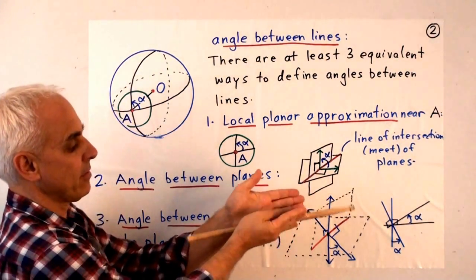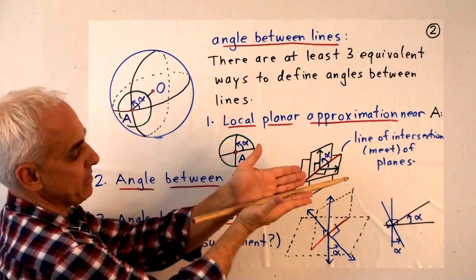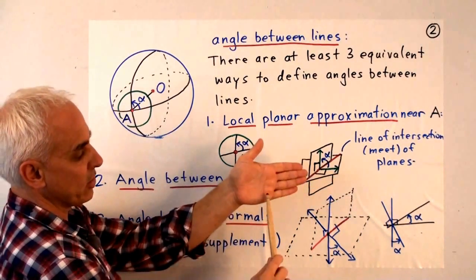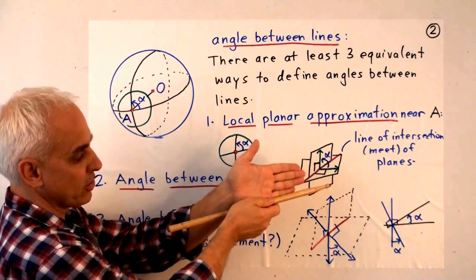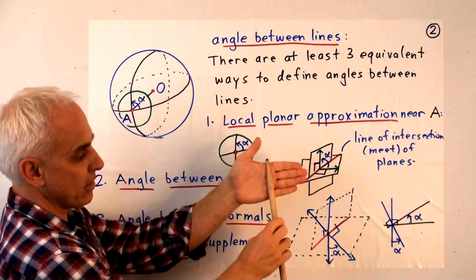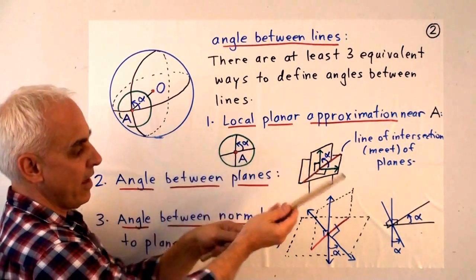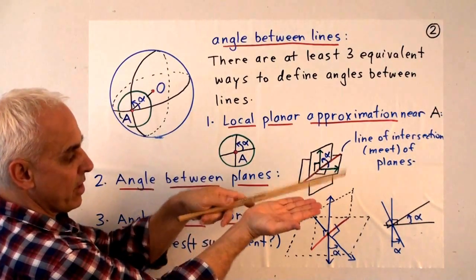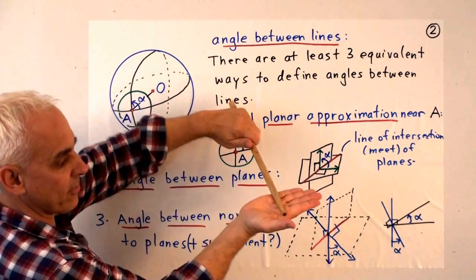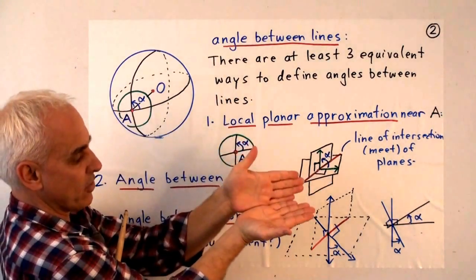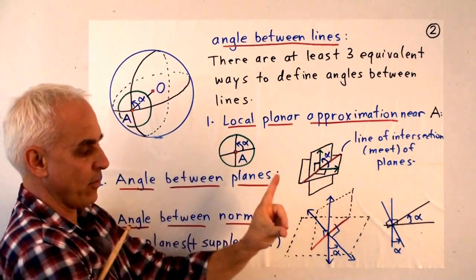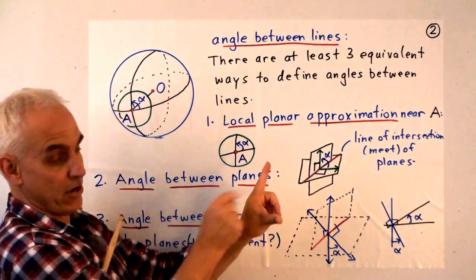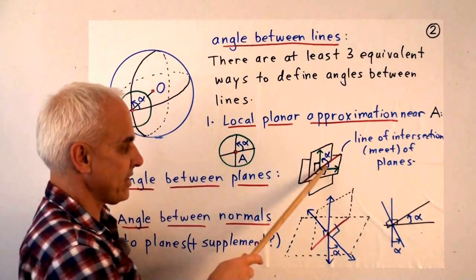So for example, if we have two planes meeting along that line there, one vector we could choose would be a vector in that direction there, which is perpendicular to the common line in the direction of the plane. And on this plane, there's the common line, we could take a vector lying like this. So we would have two vectors, one in this direction, one in this direction, and those two vectors make an angle. And that's the angle alpha.